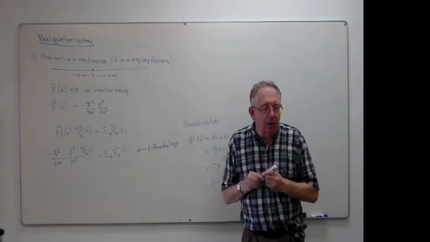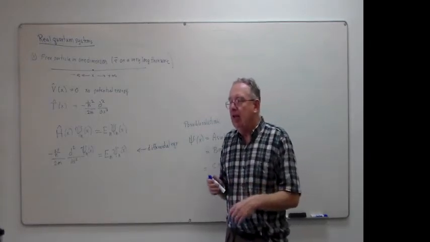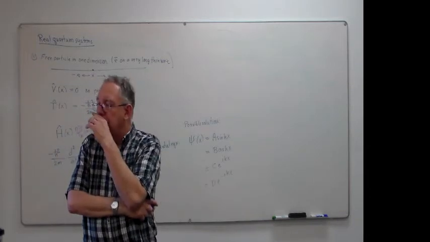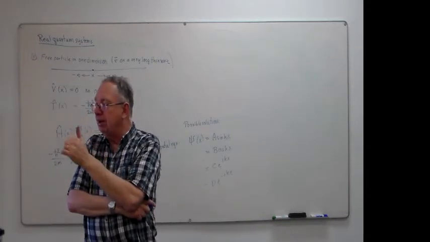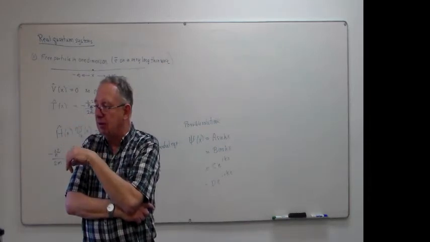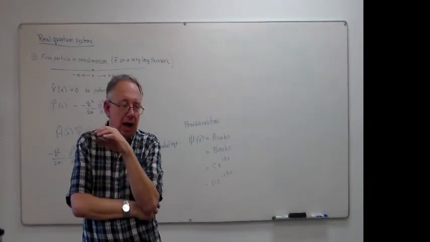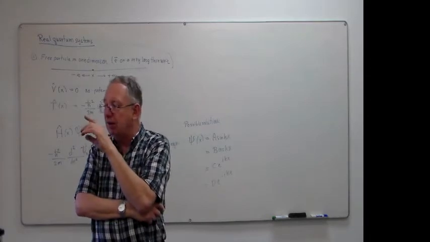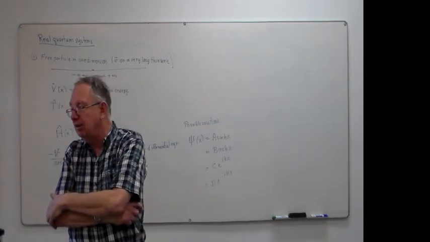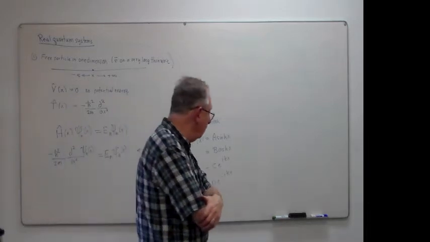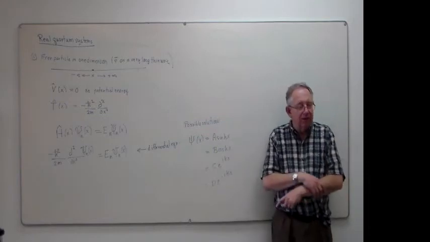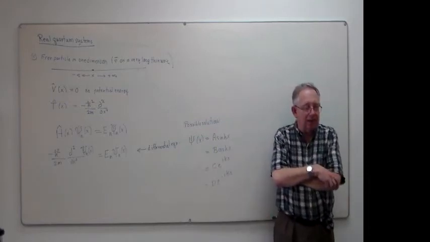Now, why are those important solutions? For sine and cosine, if you take the first derivative, the argument goes out once. If you take the second derivative, it goes out twice. The second derivative of a cosine gives a cosine back again, of a sine gives a sine back again, and of an exponential gives the exponential back again, plus some stuff.